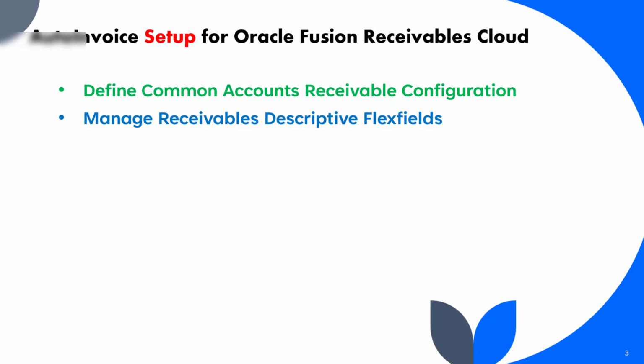If I come back to my AutoInvoice setup steps, what is the third step? Manage transaction type. As you know, during importing the AutoInvoice transactions, the data you upload into the interface tables will be associated to a particular transaction type. Create an invoice transaction type which will be used when we upload data into the interface table.